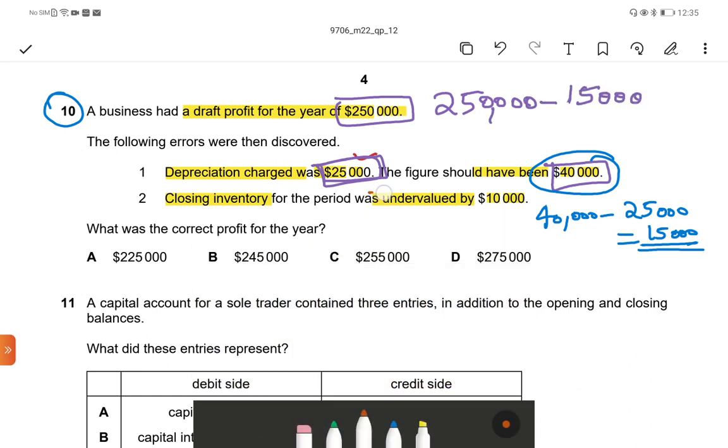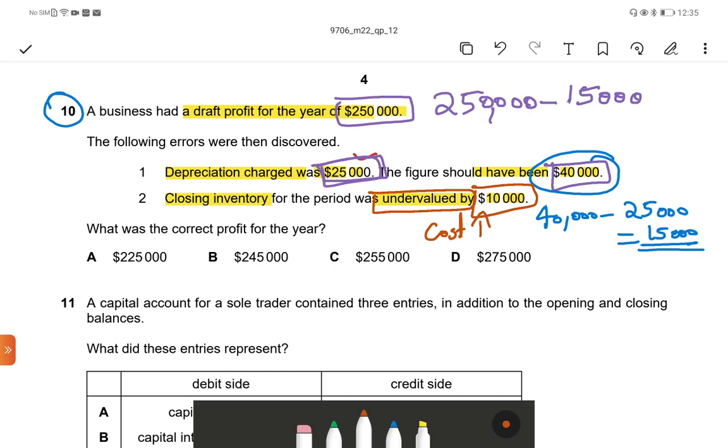Closing inventory for the period was undervalued. Closing inventory is what we remove from the cost. So if it is understated, the cost will be overstated. Cost is overstated by 10,000, which means profit must be understated.